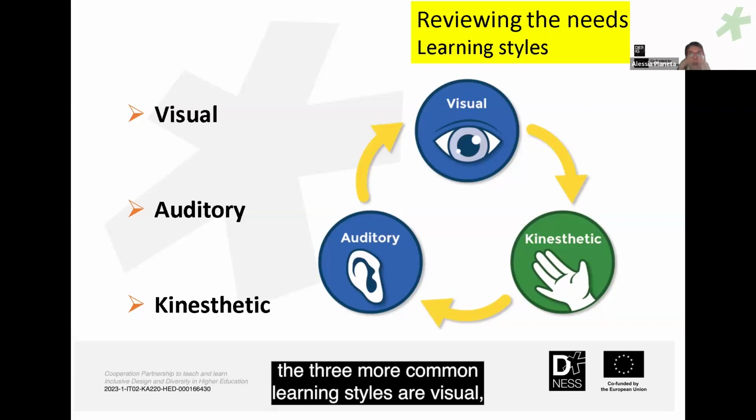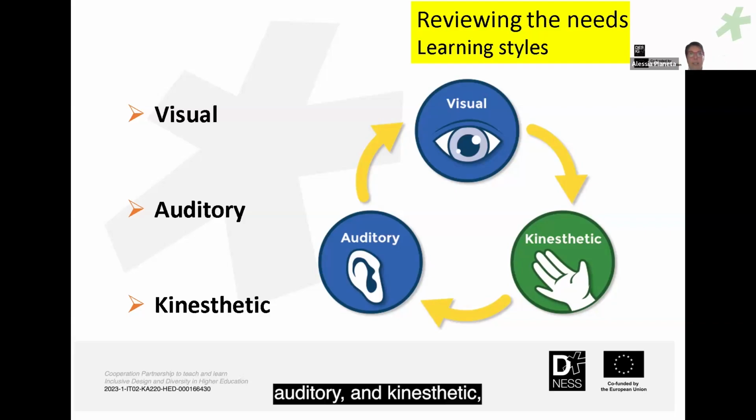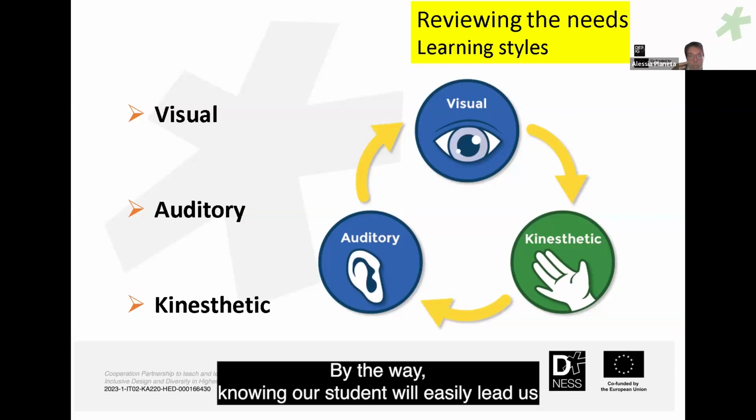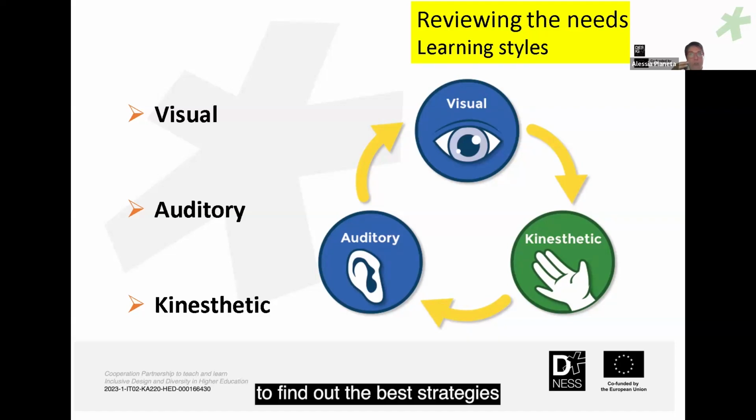The three most common learning styles are visual, auditory, and kinesthetic. Of course, many of the students will have a combination of the three. Others can have a more prevalent one. Either way, knowing our students will easily lead us to find out the best strategies for any specific class.